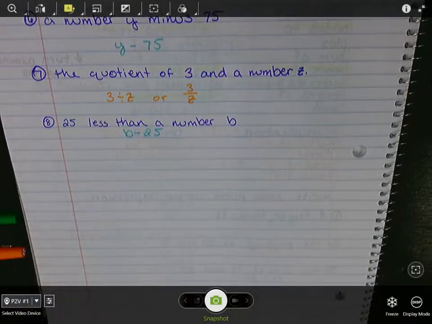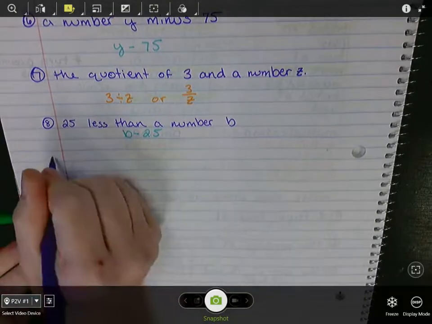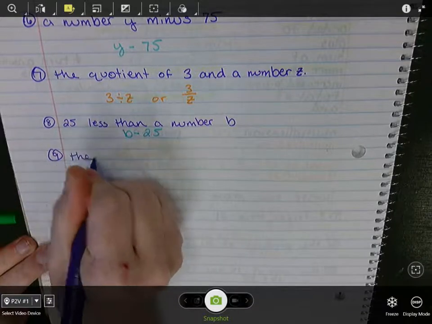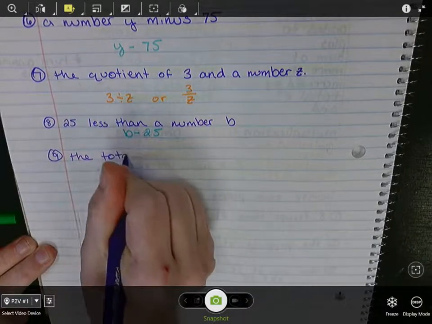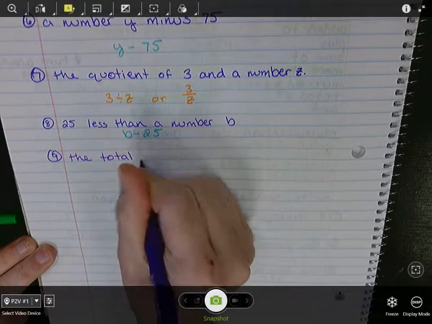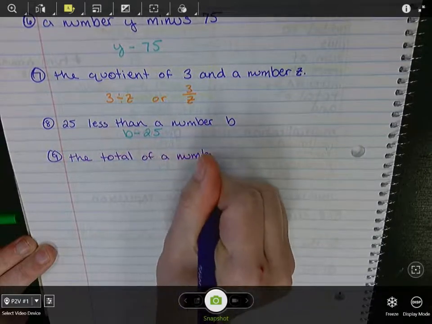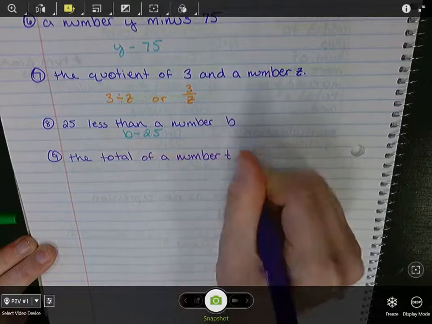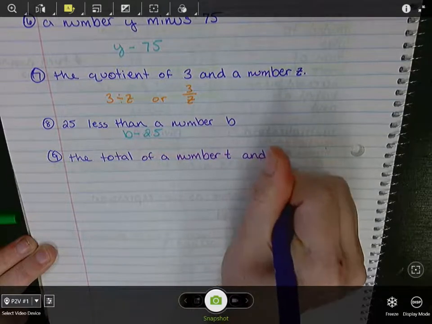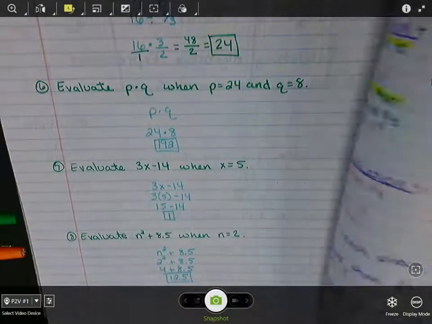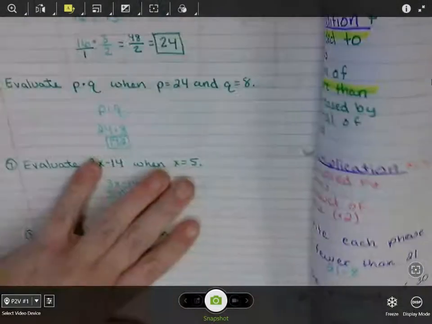All right, number 9. The total of a number t and 11. Okay. All right, so let's go back to our keywords and find the word total.